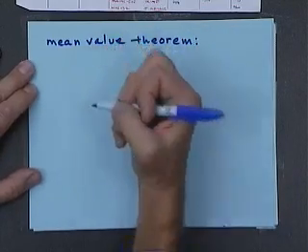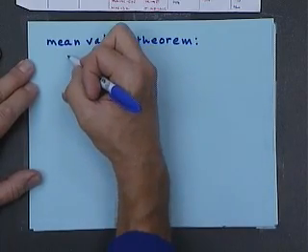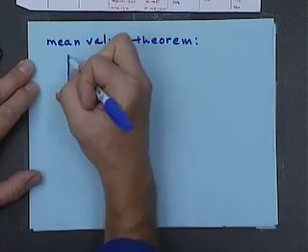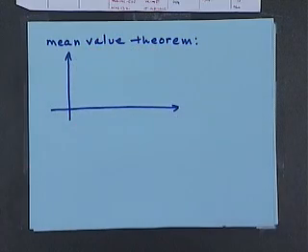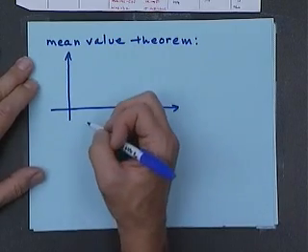Let me draw a picture of it first. So we have a function that is differentiable, and I'll put all the stipulations up here in a second. So it has a derivative.